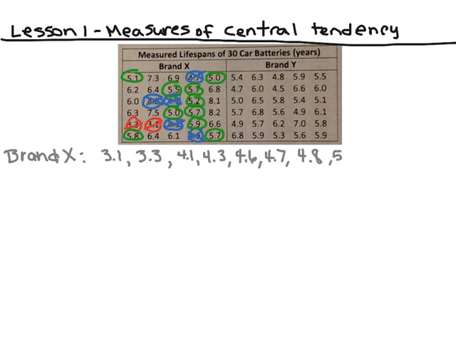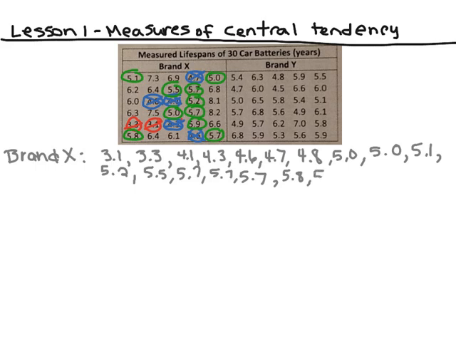So we have 5.0, 5.0, 5.1, 5.2, 5.5, 5.7, 5.7, 5.7, 5.8, 5.9, and then cross them out.